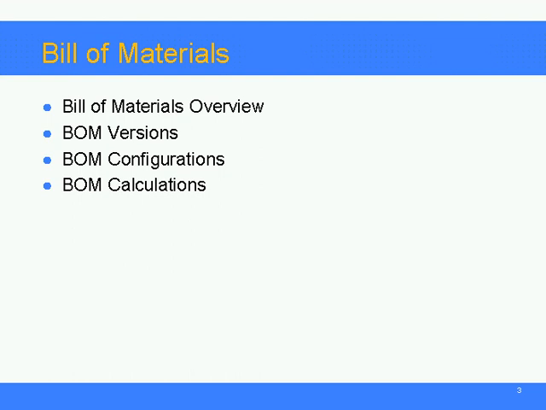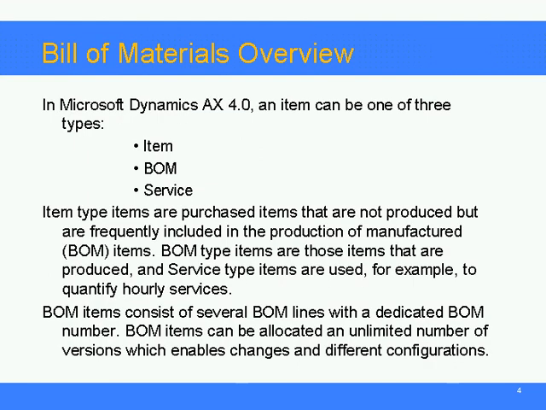Today we will cover BOM, bill of materials. And we will cover these objectives: bill of materials overview, BOM version, BOM configuration, BOM calculation. Bill of materials overview. In Microsoft Dynamics AX4, an item can be one of three types: item, BOM, service.